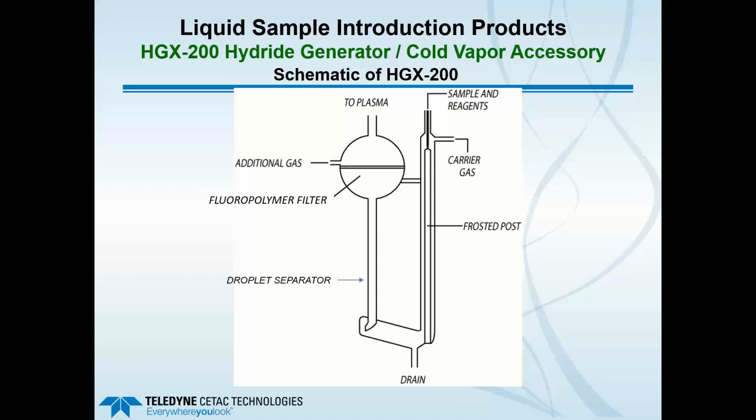There's a droplet separator to prevent any droplets from coming up and striking the filter. And this overall then is what is described as the gas-liquid separator. But again, I want to point out the important part of this are the two separate gas flows to help balance out the reaction, specifically the generation of the hydrogen gas, and again, to get the best signal-to-noise ratio.